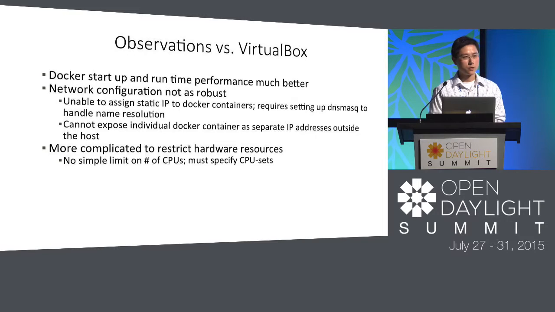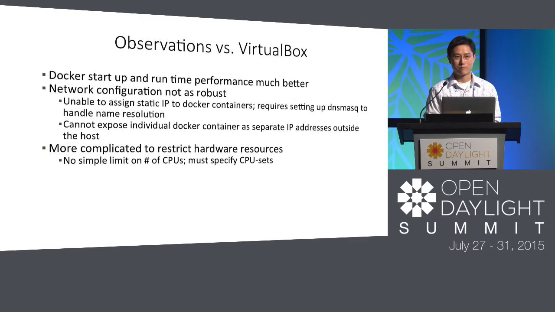Which means that when you're booting up a cluster using Docker and you want to connect to it, you pretty much have to connect to it from either within the host machine or from other Docker containers within the same host machine. Or you need to start doing things like port forwarding. But once you have 20, 30 nodes, it's really hard to manage all the different ports that each ODL instance has to expose.